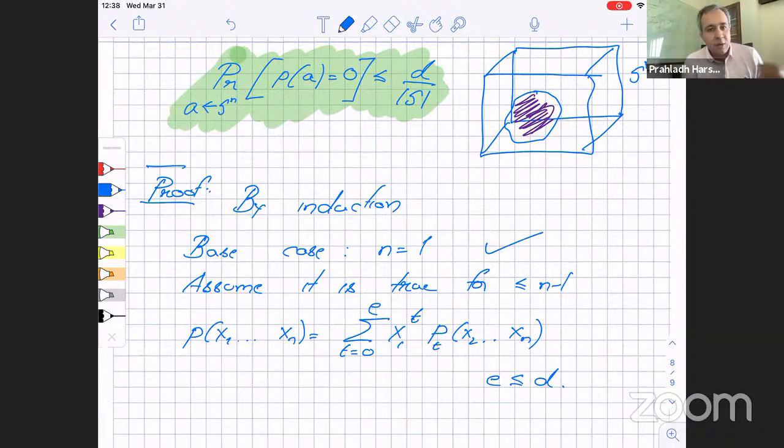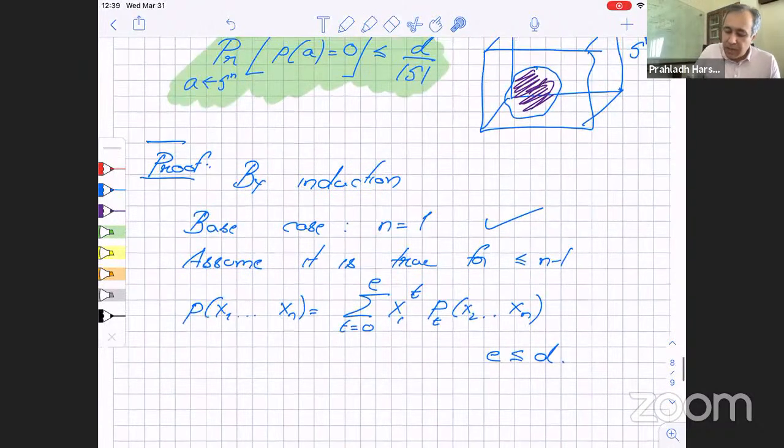Then you view this as a univariate polynomial in x1 whose coefficients are themselves multivariate polynomials in the remaining variables.